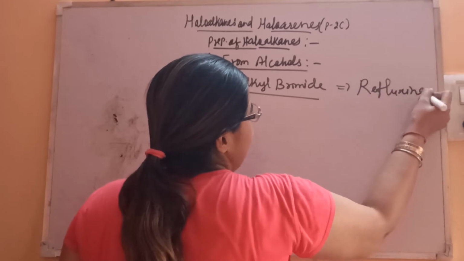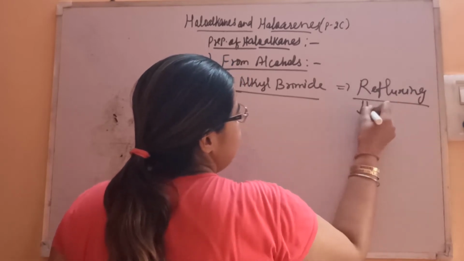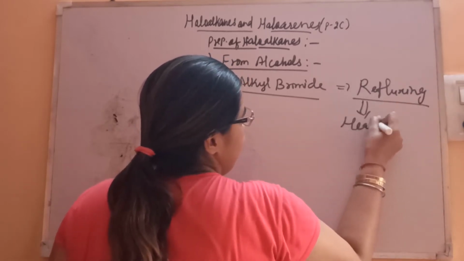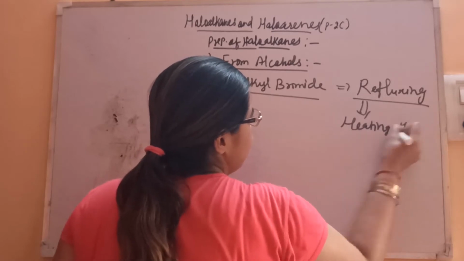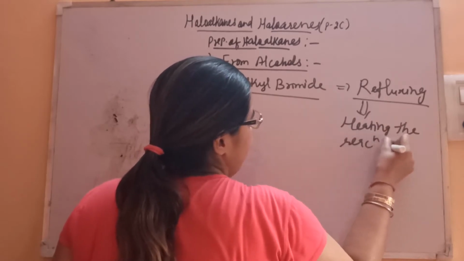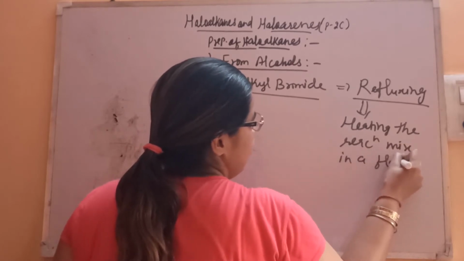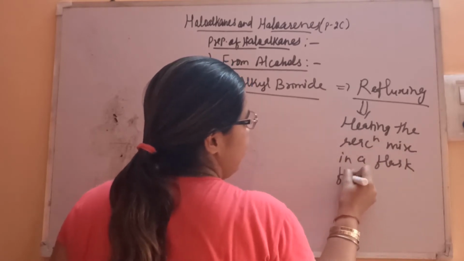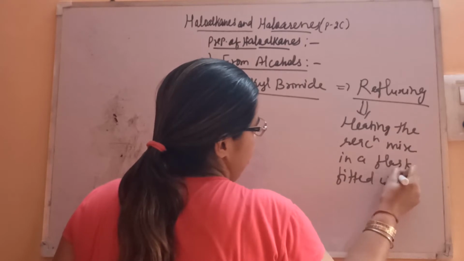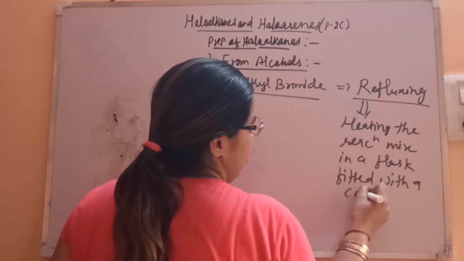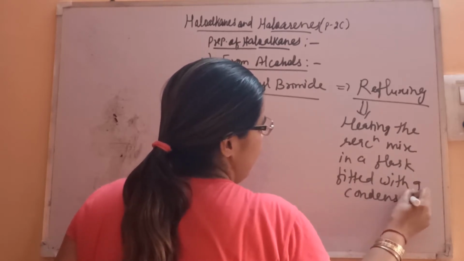We have to reflux the mixture. What is refluxing? It's just heating the reaction mixture in a flask that is fitted with a condenser.